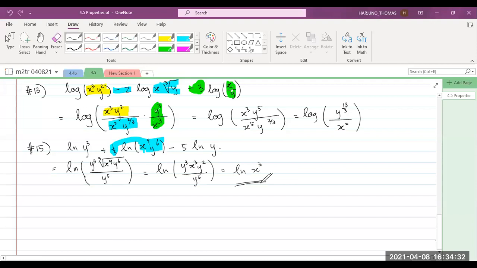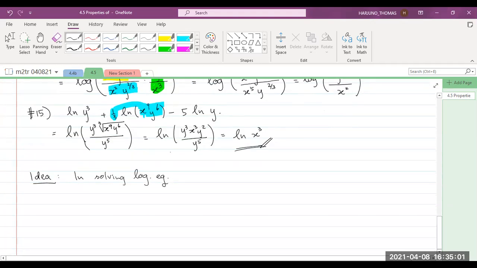Now, once we are able to combine into a single log or break the logs into sums and differences, then we are ready to do solving log equations. In solving log equations, we basically break it down into two big techniques.